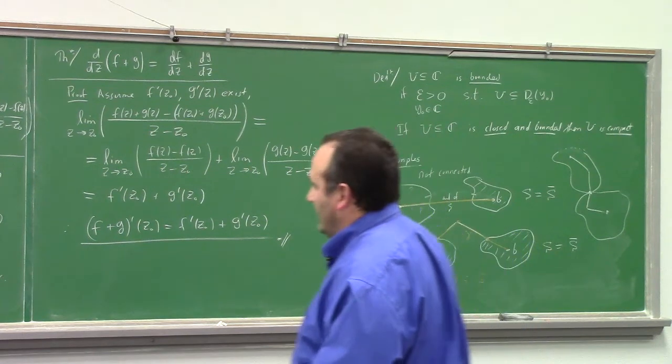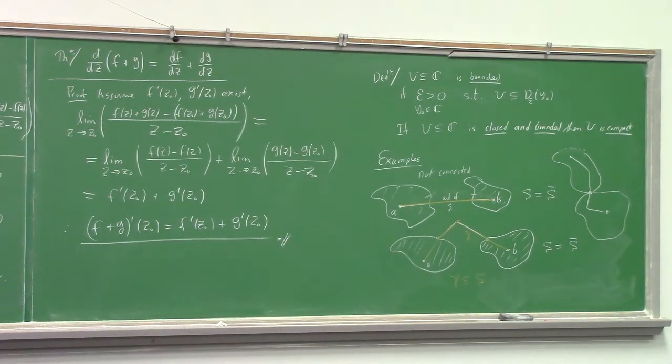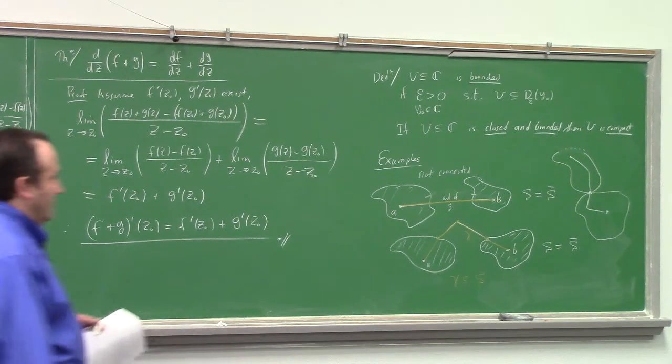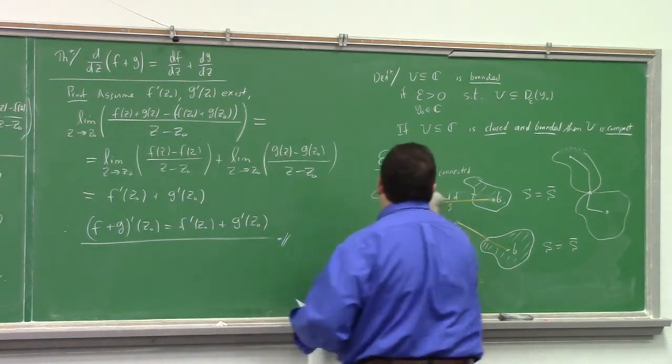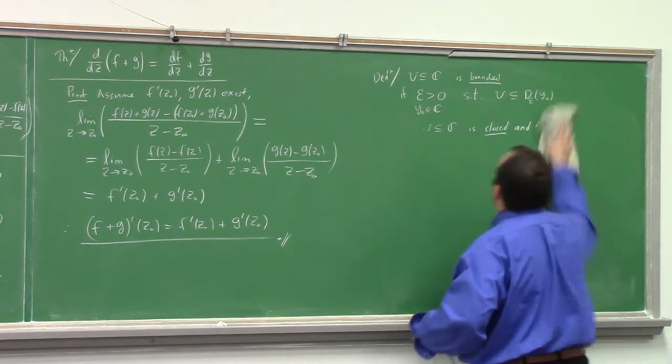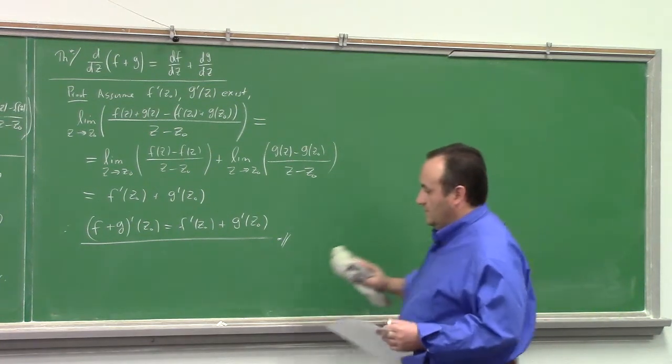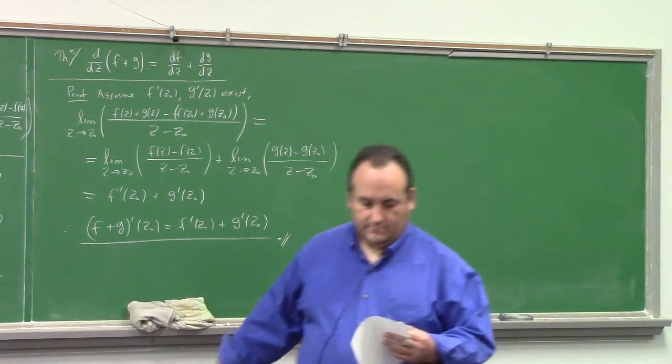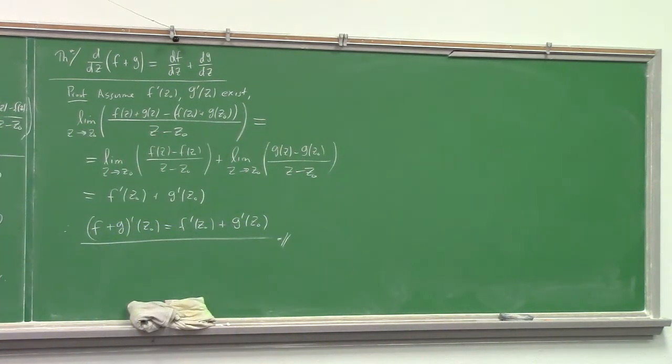But there is another way to look at differentiability, which is actually very beneficial and makes proofs much easier. I will share that with you. It's the theorem of Caratheodory. I'm going to state it.